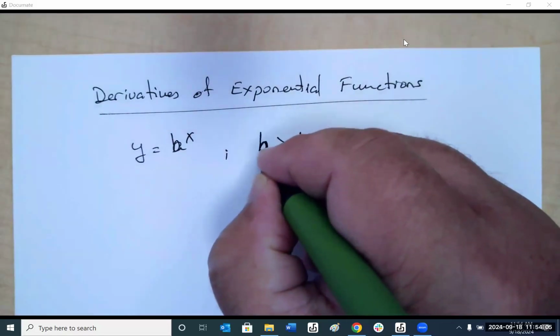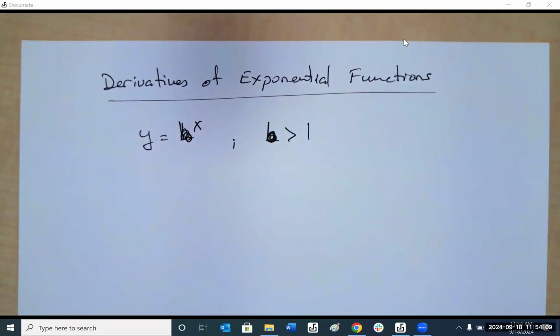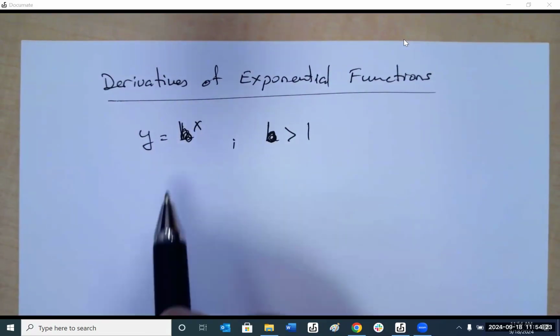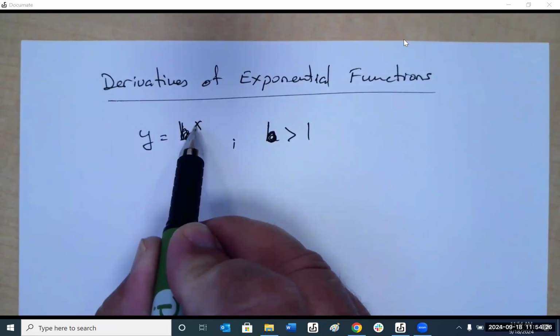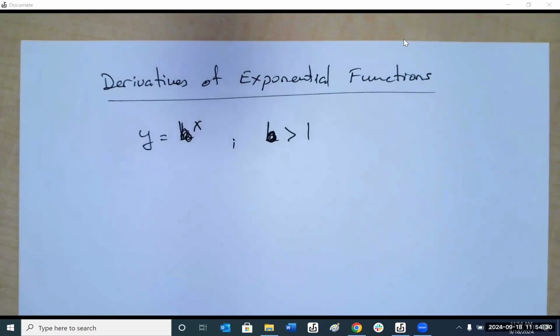How do you think we go about doing this one? We can't really do anything because it's an exponent right now. So how do we get rid of that?